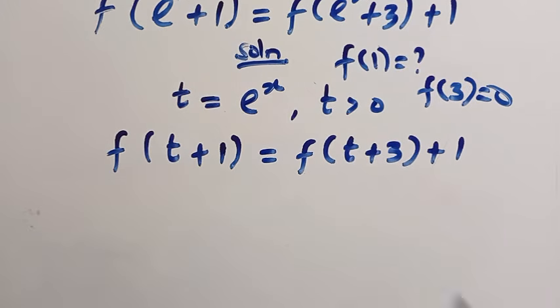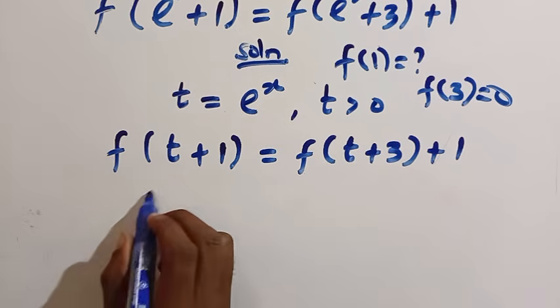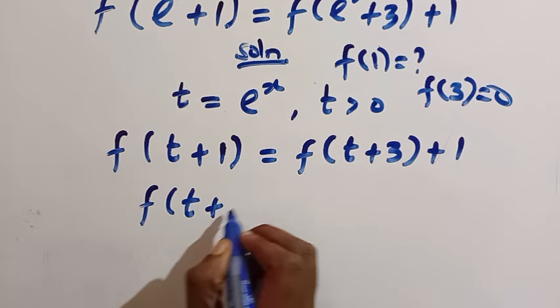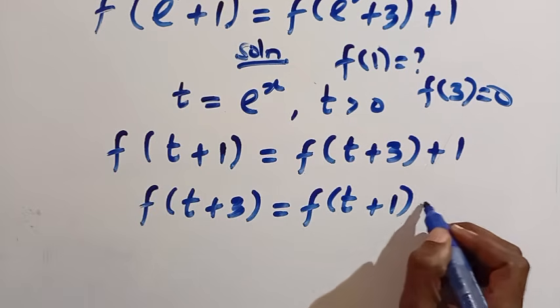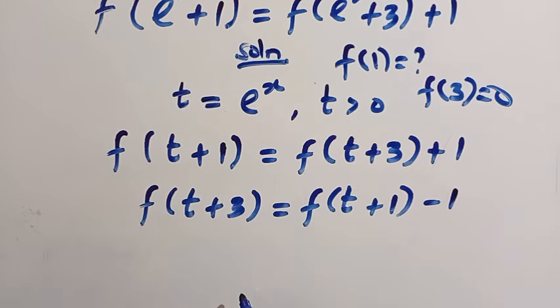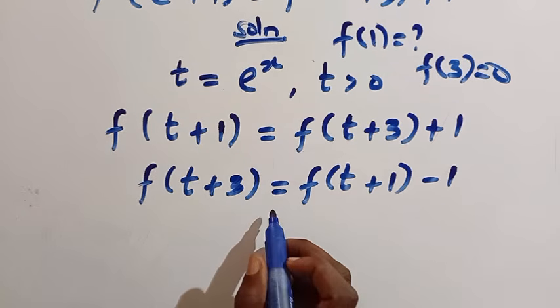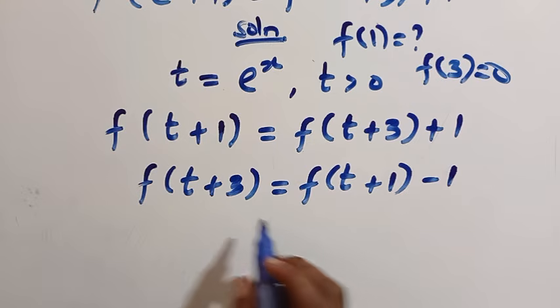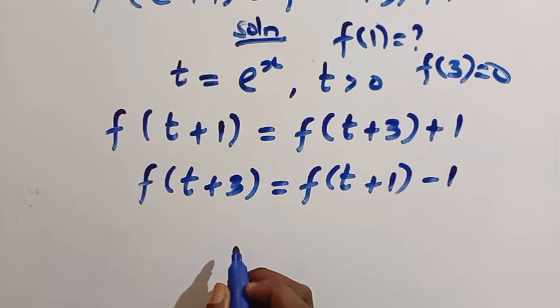If we continue, let's make f of t plus 3 the subject. We have f of t plus 3 equals f of t plus 1, minus 1. But looking at this pattern, this is a shift by 2 pattern. To get this in a simplified form, let's reduce the shift.